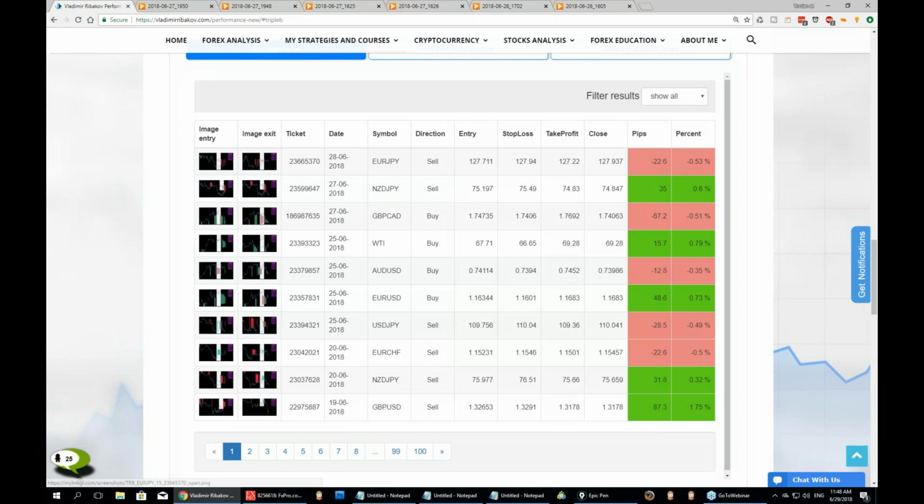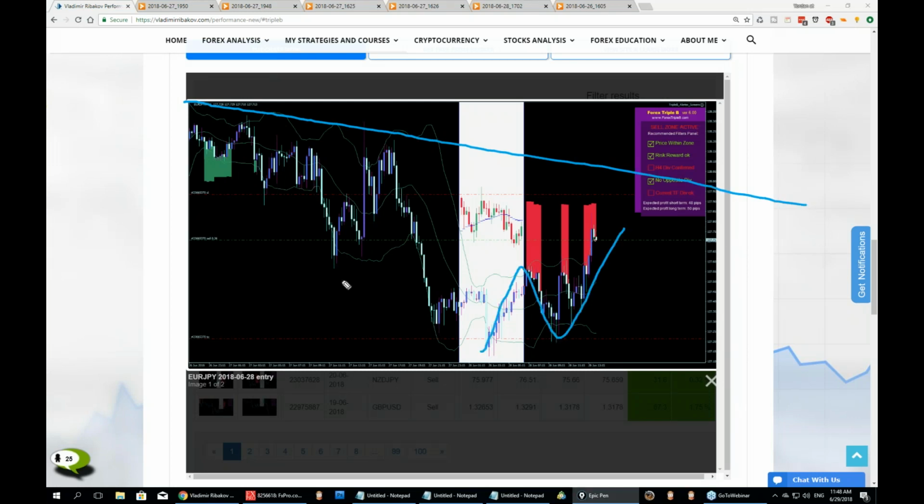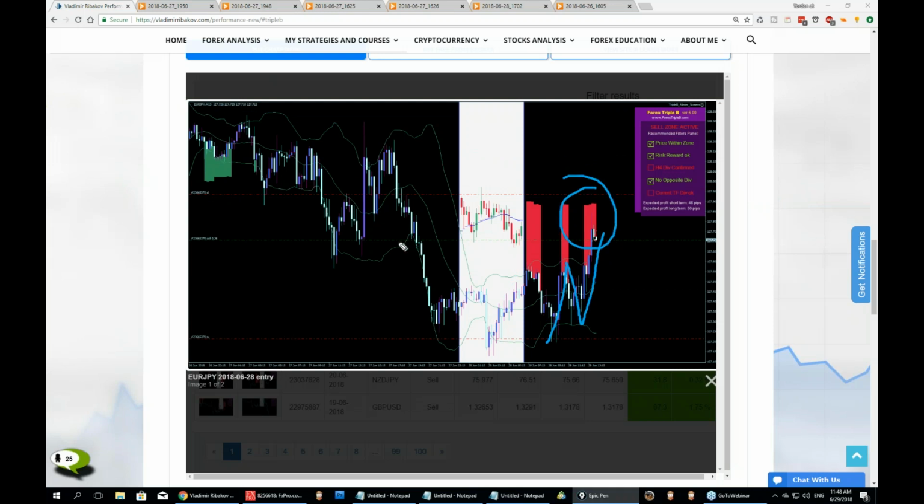And then we have Euro Yen, which failed. More or less the same idea we do have in that case. This is the double wave, the big one. And then we have some smaller double wave right here. Top of this range. Basically relying on these kind of patterns right here.